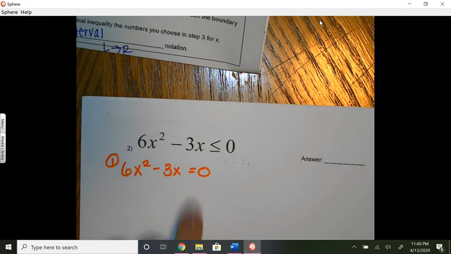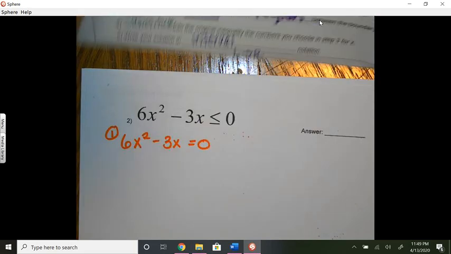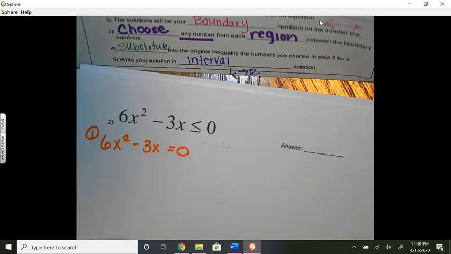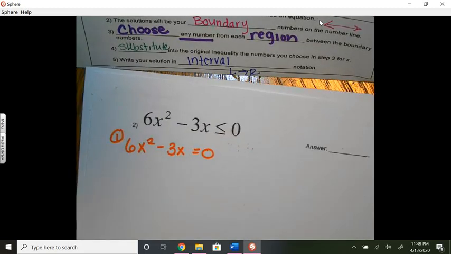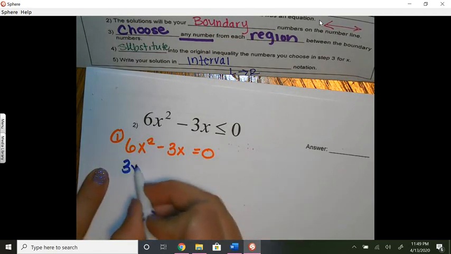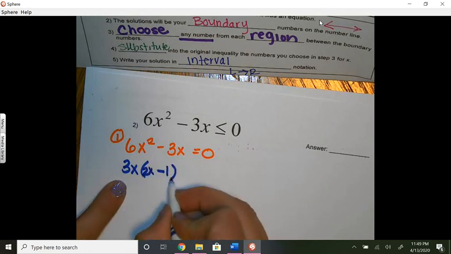Now in this chapter we've learned all different methods for how to solve quadratic equations. So when I look at this problem, I immediately want to factor because I see that the GCF here is 3x. So I'm going to go ahead and factor this. So I'd have 2x minus 1 here.